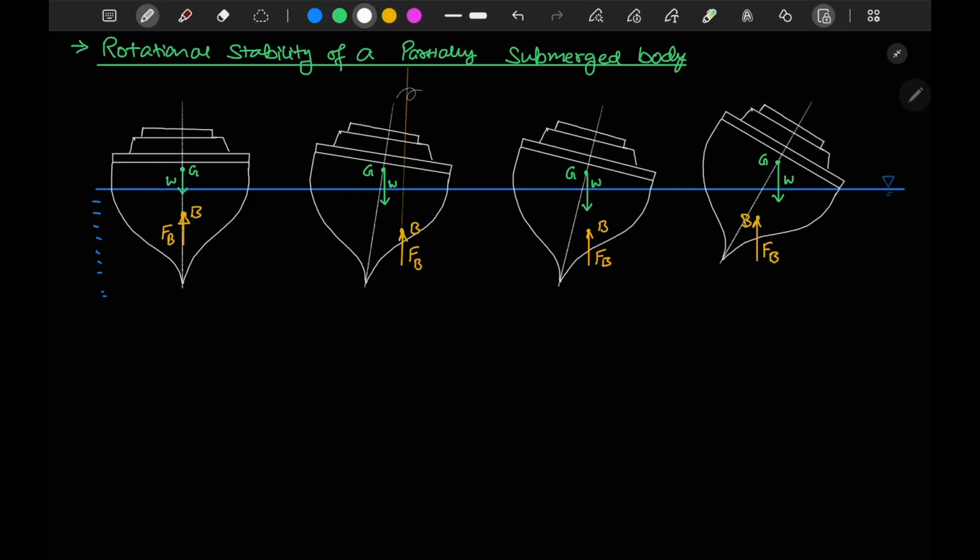I hope you understood the gist of this part.